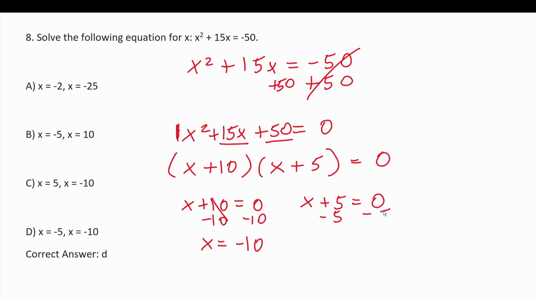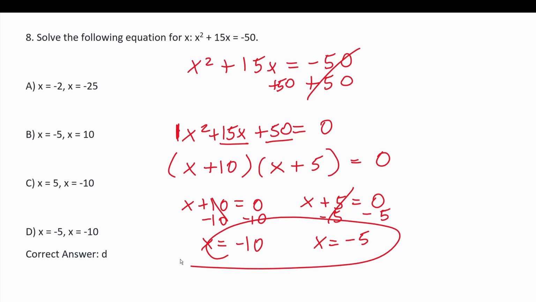Likewise, to solve for x here, we're going to subtract 5 from both sides. This crosses out here, leaving you with x equals 0 minus 5, which is negative 5. So our answer to this one is x equals negative 10, x equals negative 5, which is answer choice D. Again, you had to factor it, and then after that, you had to break your factors apart and set them both equal to 0 in order to solve for x.